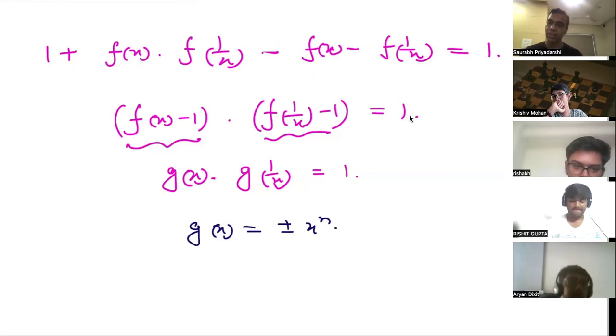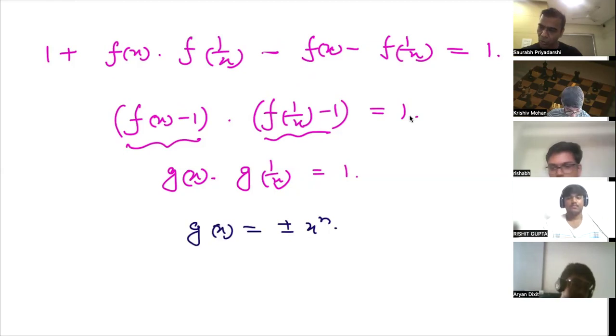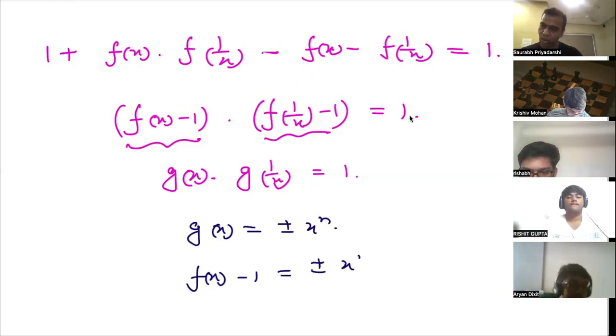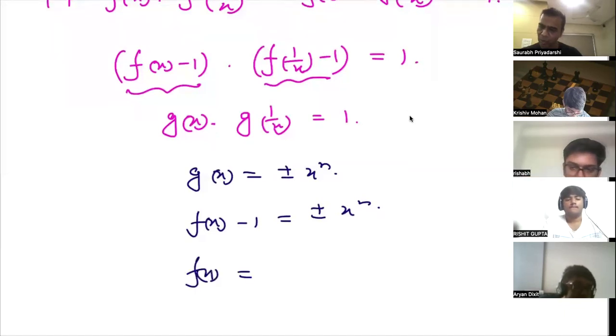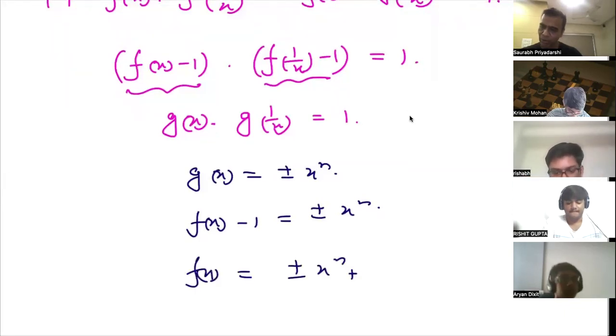Then it's possible that gx and g of 1 by x will cancel out each other, meaning gx is equal to plus or minus x to the power n. So fx minus 1 is equal to plus or minus x to the power n, or fx is equal to plus or minus x to the power n plus 1.